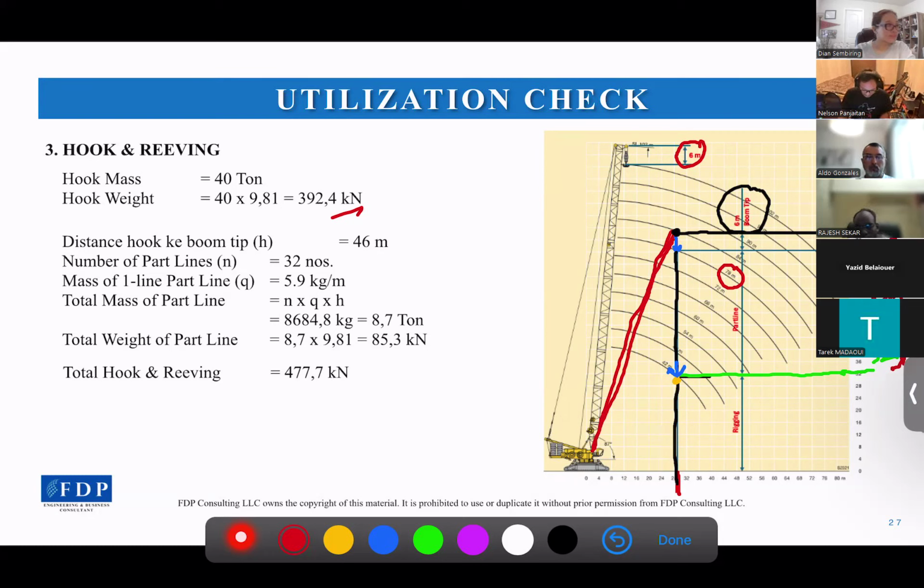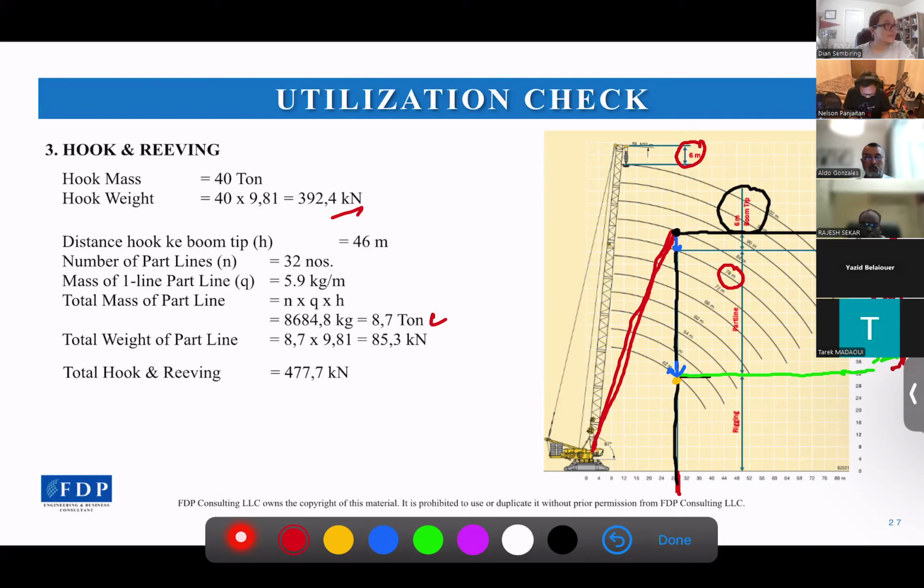And then the total mass of the part line is the number of part lines, which is 32, times the mass of a single part line, times the part line length. Then we get the total mass of the part line of 8,684.8 kilogram, or equals 8.7 tons.